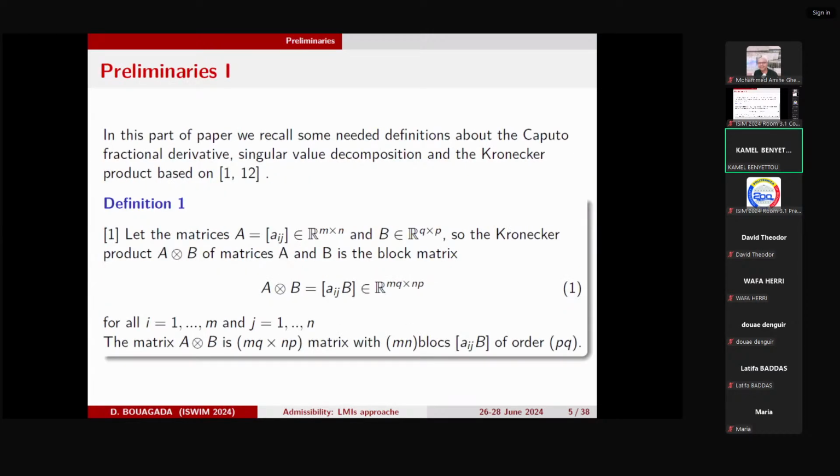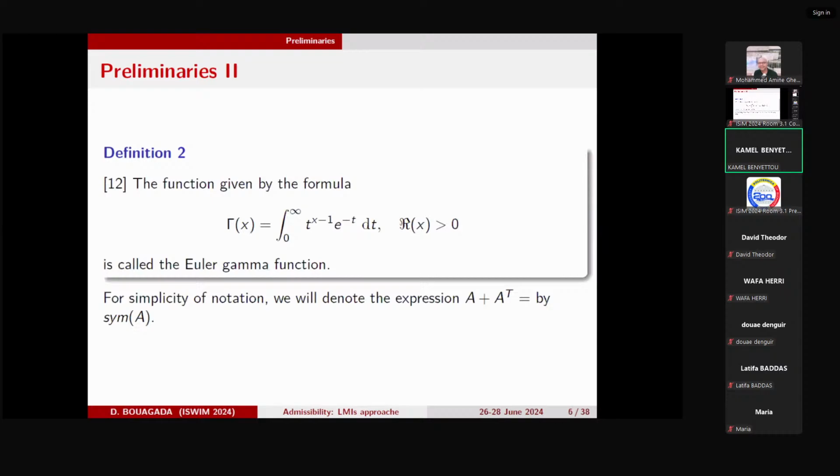In the first part, we recall the Kronecker product of matrices, which is denoted by this notation, where we multiply each coefficient of the matrix A by the matrix B. The second definition is a basic definition of the gamma Euler function in fractional calculus.